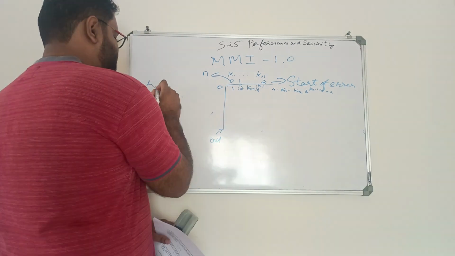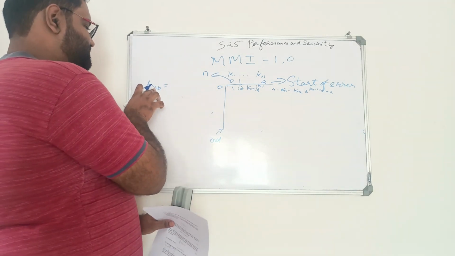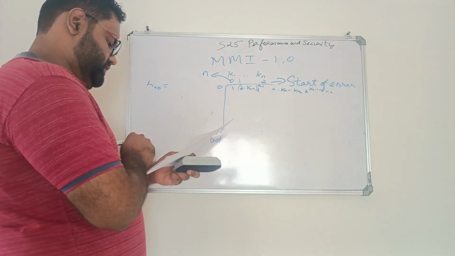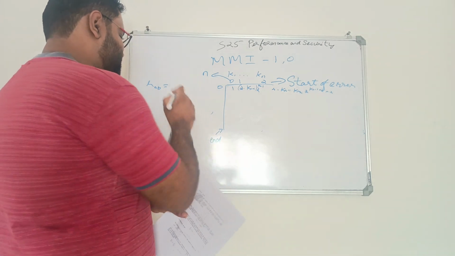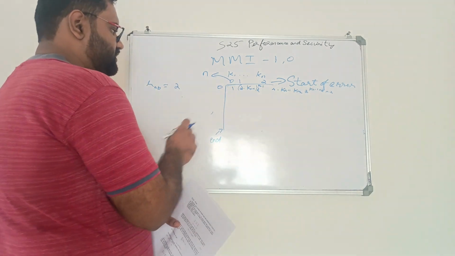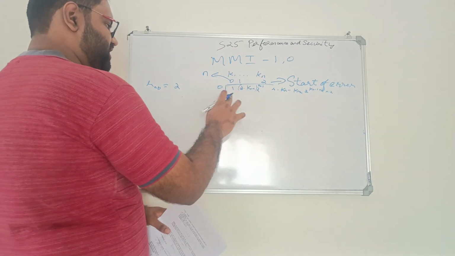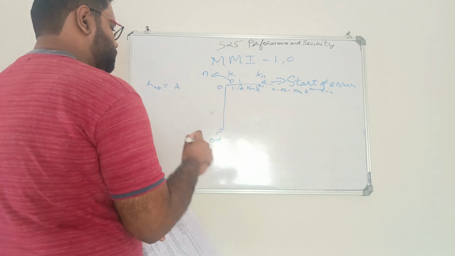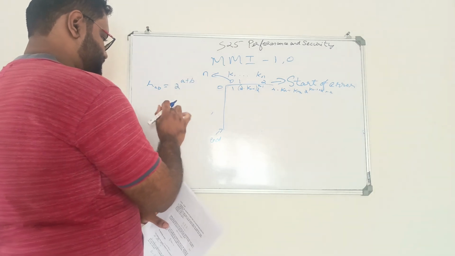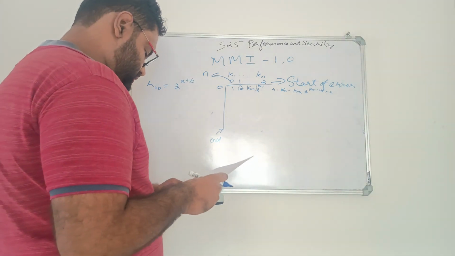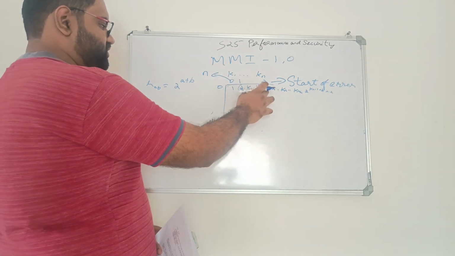So R of AB is going to be the number of states where the start is A and the end is B. What I'm going to get when I do all of the things is 2 to the power... If we look at these values, they are going to be shifted. So this value would come here, this value would come here, and so on and so forth. So I'm going to be getting 2 to the power A plus B. And then I'm going to be having this sort of exponential factor.